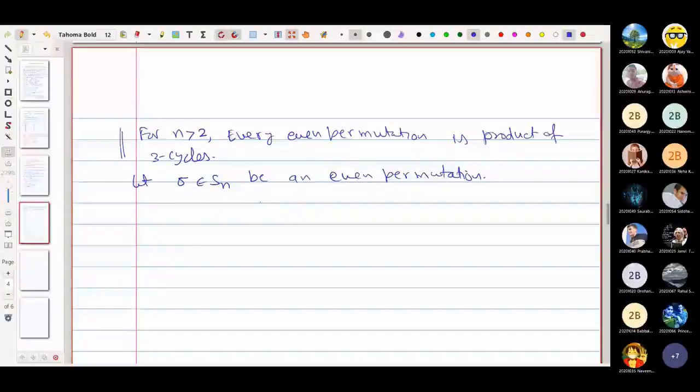What is the definition of even permutation? The definition of even permutation is that it can be written as a product of an even number of transpositions. So this implies that sigma is a product of an even number of transpositions.